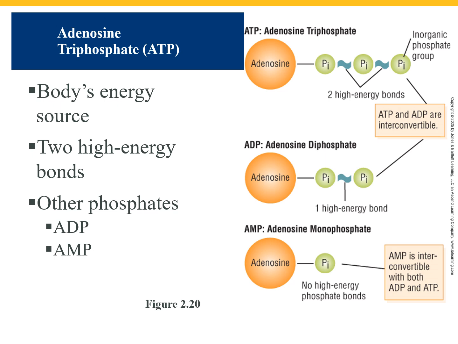When it breaks off once, it becomes an adenosine diphosphate. Breaks off again, it becomes an adenosine monophosphate. During the metabolic reactions, these phosphate bonds form or break to capture or release energy.